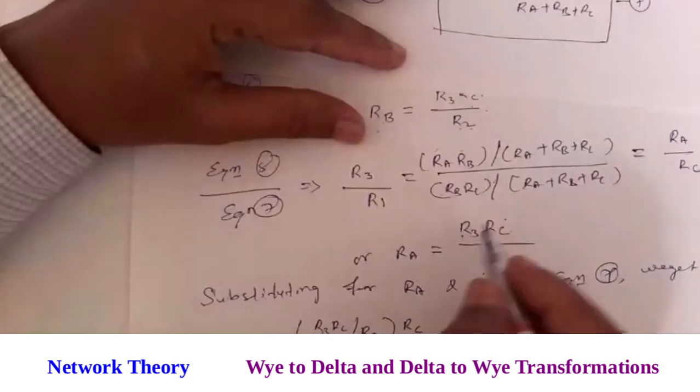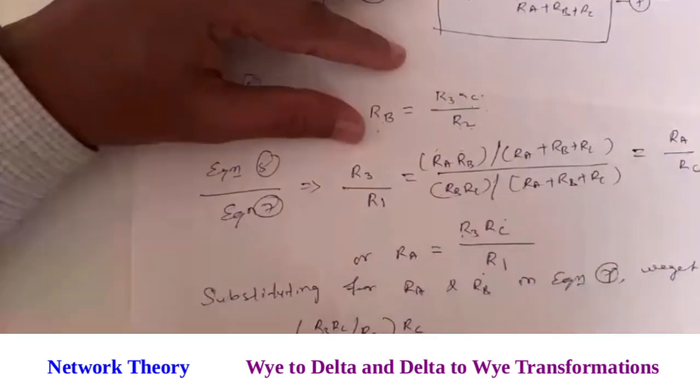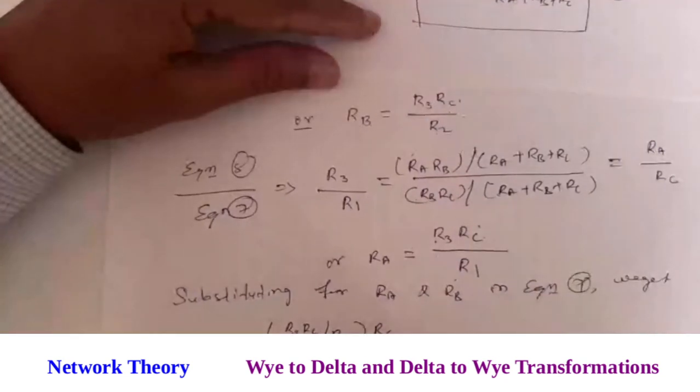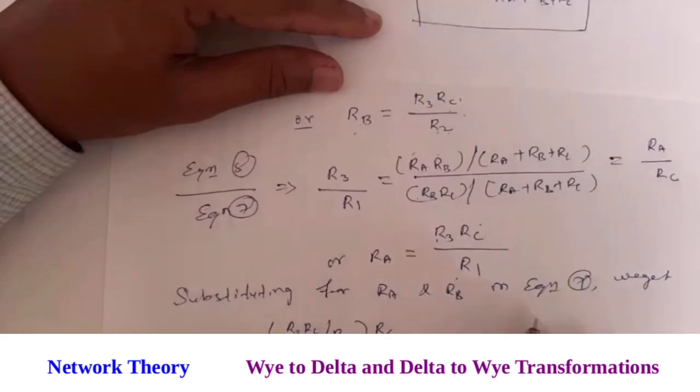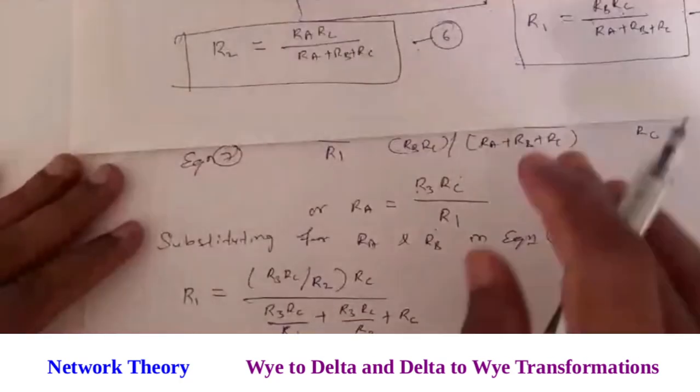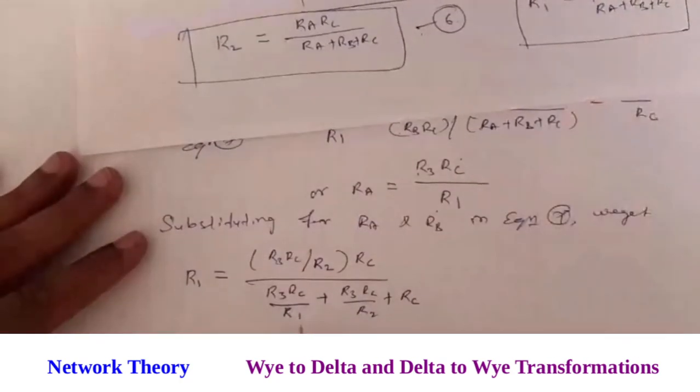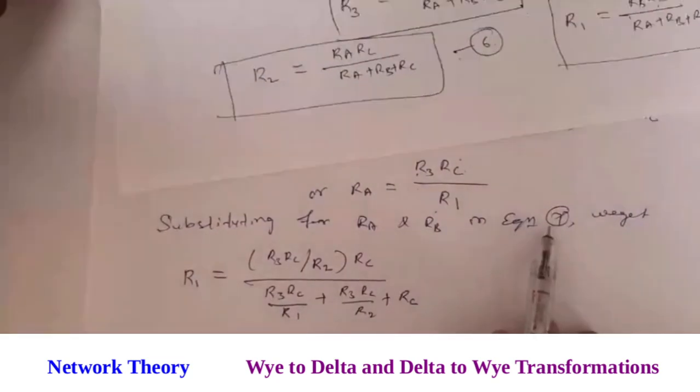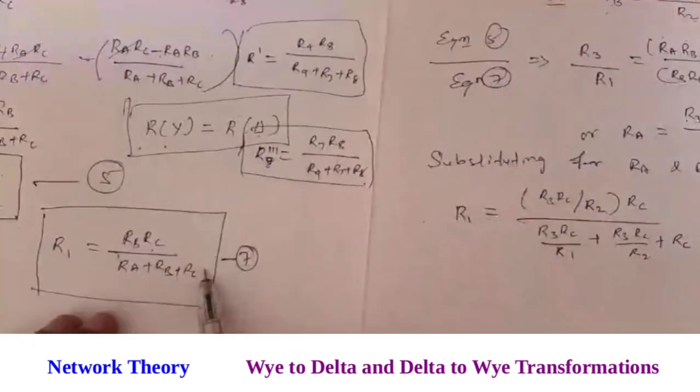RA is R3 RC by R1, plus RB is R3 RC by R2, plus RC I'll keep as it is. I've just substituted here, R1, which is equation 7, RB RC divided by RA plus RB plus RC.